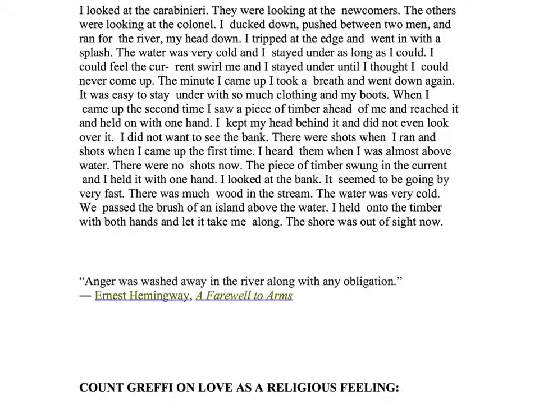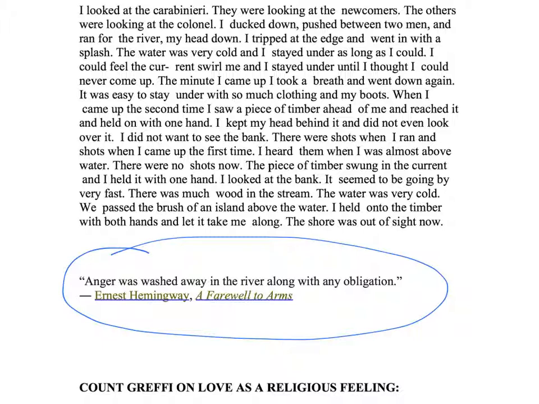So here is, in a great reaction, his anger was washed away in the river along with any obligation. This is Frederick's baptism. This is his new self. This is his escape from the immorality that occurs during war. The retreat, he was doing the best he could, and he gets captured by these Italian officers. He's about to be shot because they believe he's a German in Italian uniform.